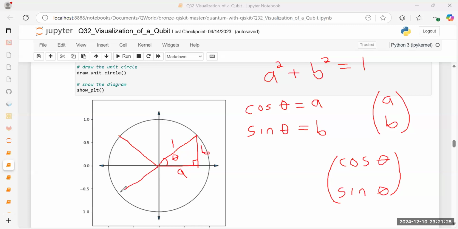And if I was to increase theta again, I can even end up here. And we have a new vector, which is also going to be a valid quantum state. So just by changing our values of theta here, we can end up at any point on the circle you see here, and it's still going to be a valid quantum state because this rule is still going to be true.